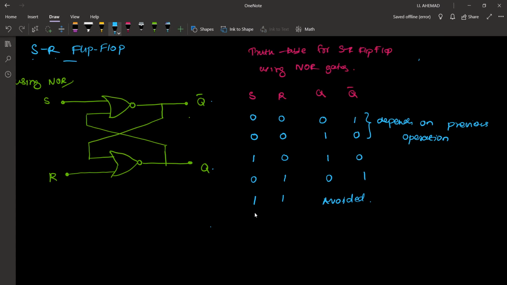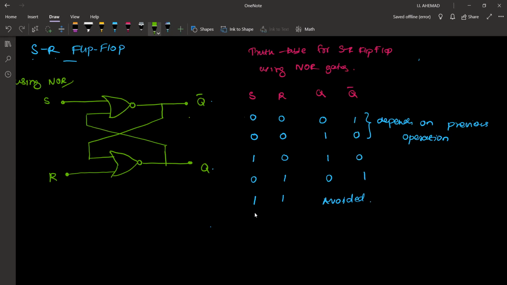When set and reset, both of them are 0, Q could be 0 and Q bar could be 1, or Q could be 1 and this could be 0. So both of them are possible because they depend on the previous operation. That is why we call them a memory element. But whenever we set, Q will become 1. Whenever we reset, Q will become 0. Okay, so that is the idea you have to get from this truth table.